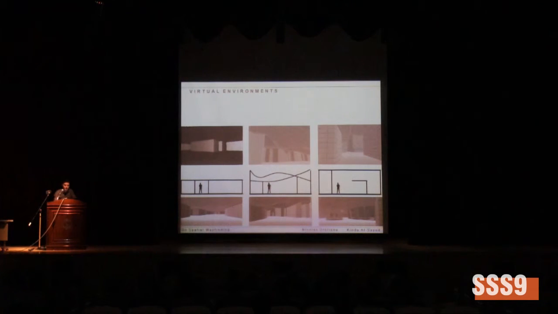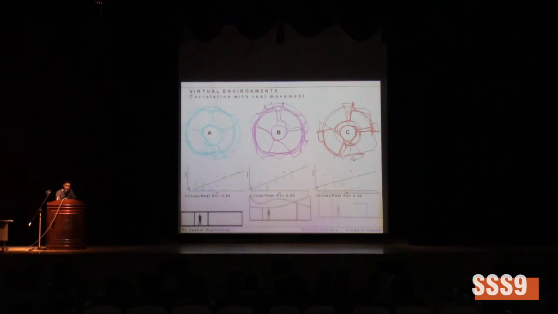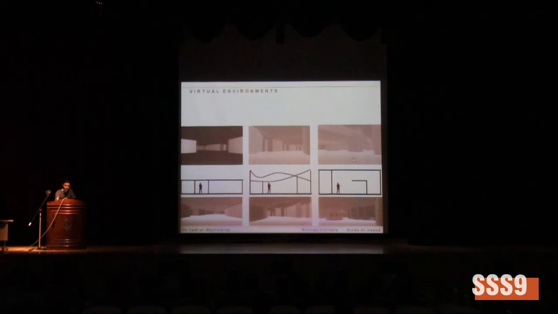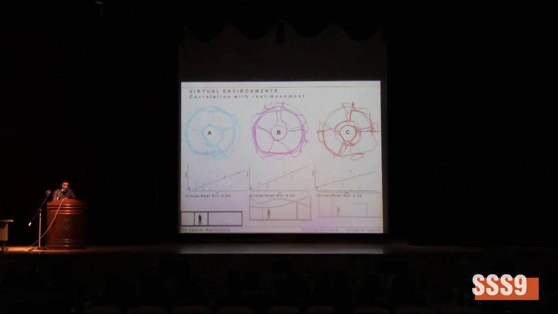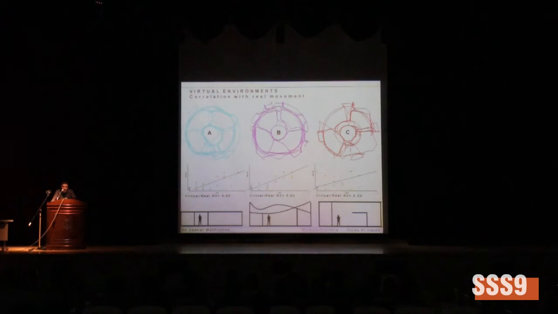And the third environment is exactly the same form as the space, and also includes transparency in some walls. Then I traced the movement of those participants, 25 participants per environment, and saw how those movements are related to the real movement in the building.